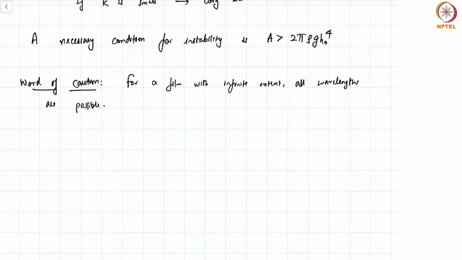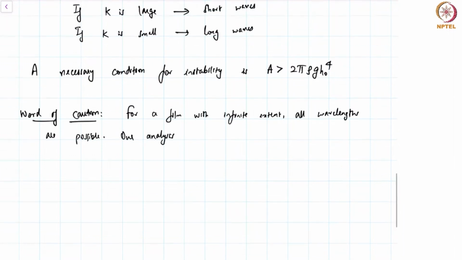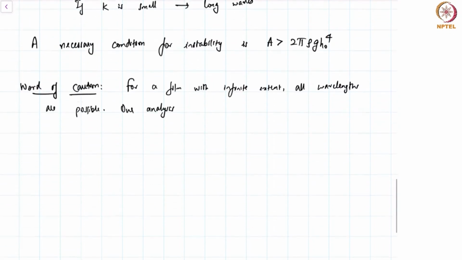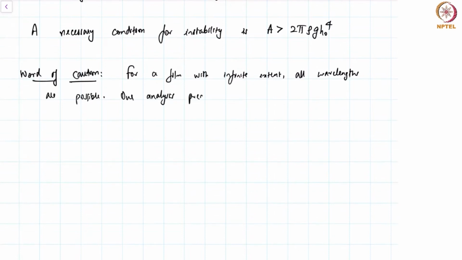All wavelengths are possible, and this analysis predicts, what does it predict? Analysis will predict that there is certainly a very large wavelength wave where k becomes very small, which will always become unstable as long as this condition is met. What condition is met? That A is larger than 2 pi rho g h0 square. Okay. Our analysis predicts that the thin film is always unstable.